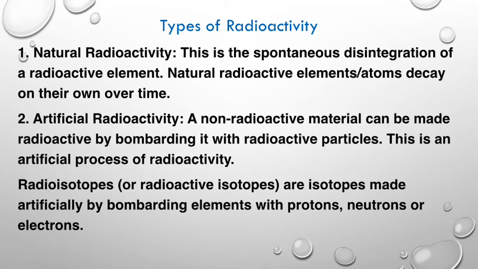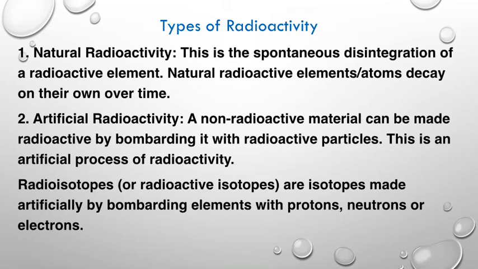Artificial radioactivity is a kind of radioactivity that is brought about artificially by bombarding a non-radioactive material with radioactive particles. So if I have carbon, for instance, or any other material, and I want to force it to decay, I can bombard it with a neutron or a positron that could force it to decay.